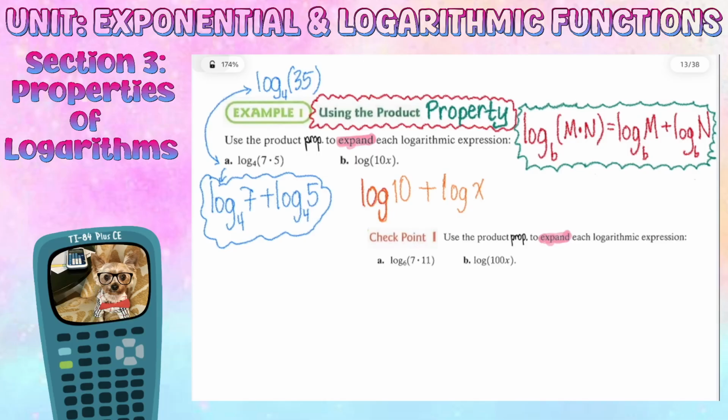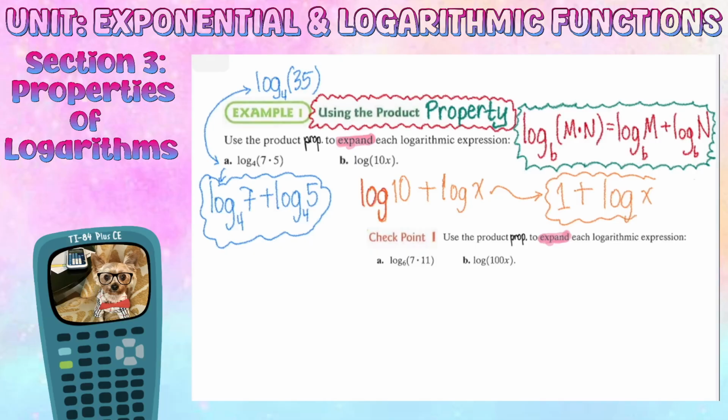Now, while this is correct, we can take it a smidge further, because we can evaluate this little piece, because that really is asking us 10 to what power is 10, and that answer is 1. And log base b of b, we saw that property as well, equals 1. So really we're left with 1 plus log of x. We want to simplify these things further whenever possible. And that's the end of example 1b.